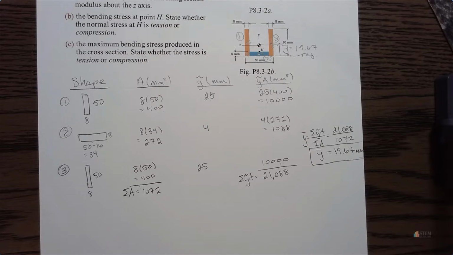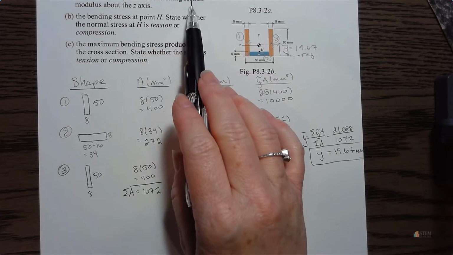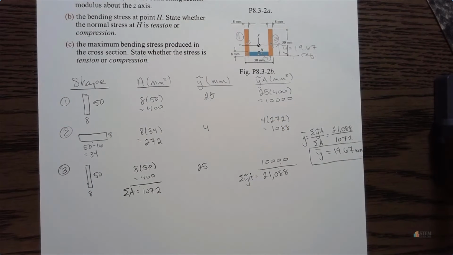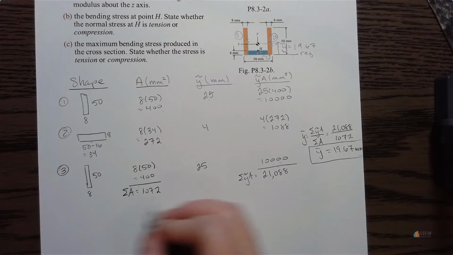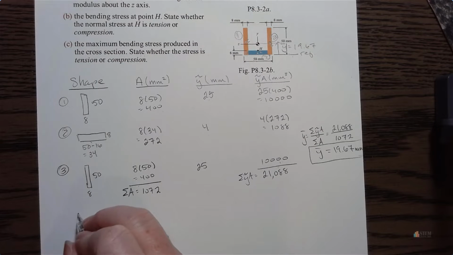Next, we got to find moment of inertia, and we have to find moment of inertia because we're going to need that to do the section modulus. All right, so let's go ahead and find moment of inertia. Okay, so I'm going to make the table again, and once I do that, I'm going to be out of room on this page.